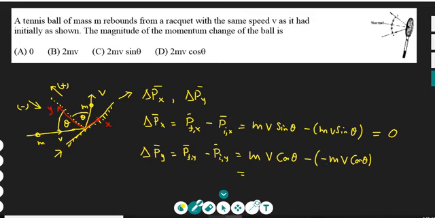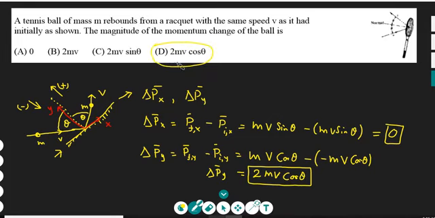Then I have twice mv cosine theta as the linear momentum change along the y direction. So in the x direction I have 0, and along the y direction I have a linear momentum change of 2 times mv cosine theta. And then you can see the correct answer would be choice D, that is 2 times mv cosine theta.